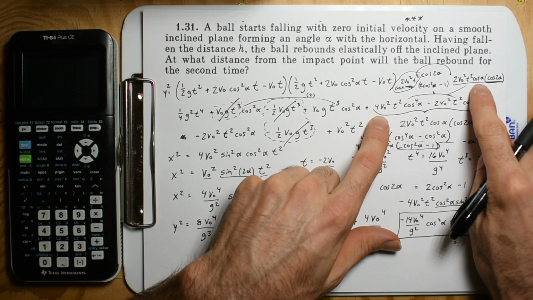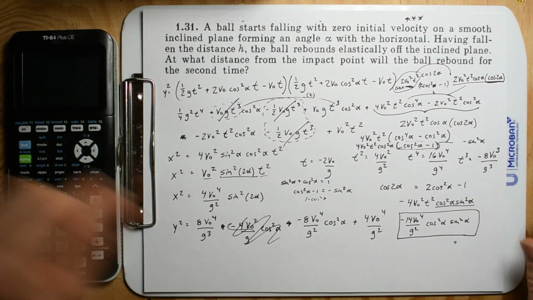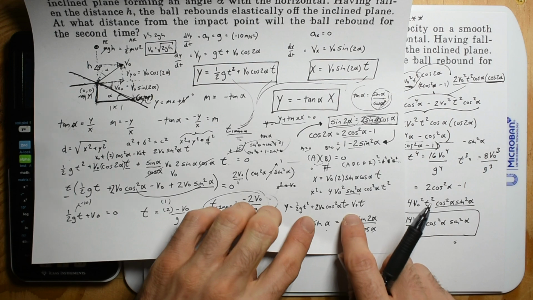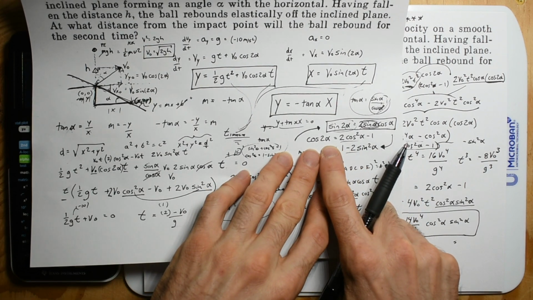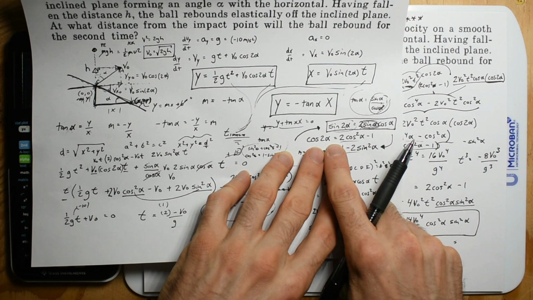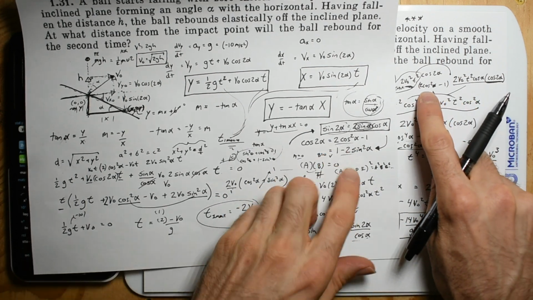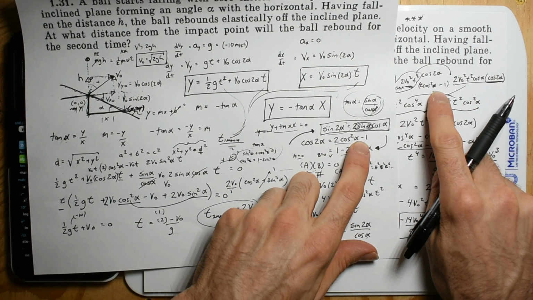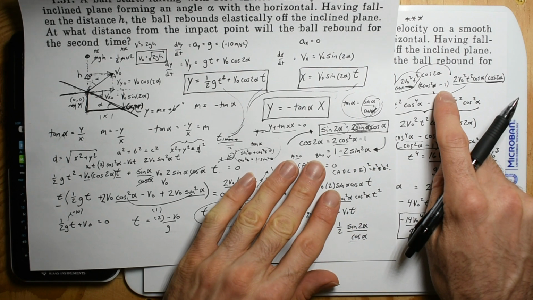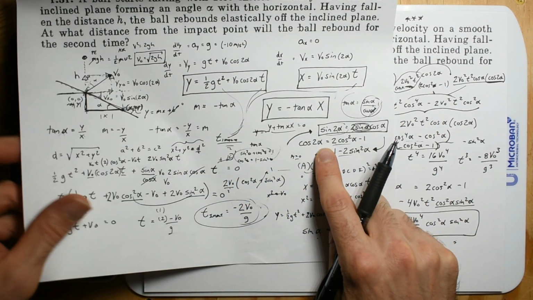We can factor that out, and then that is our identity for cosine 2 alpha: 2 cosine squared alpha minus 1 is equal to cosine 2 alpha.